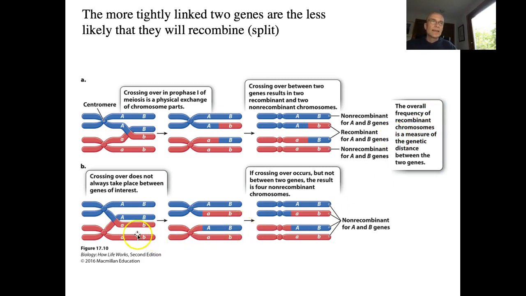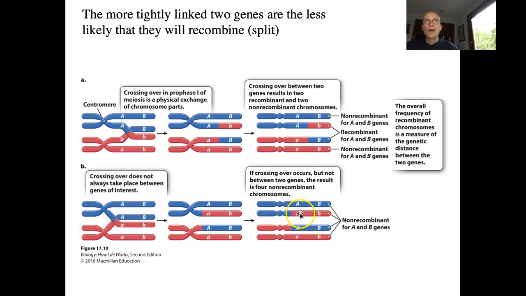I want to show you this other example here on the bottom, where crossing over also only takes place once on the chromosome, but it happens to take place in a different location. In this case, where the recombination occurs below the two genes that we are interested in, the recombination doesn't change anything with respect to the combination of the two genes that we're following.